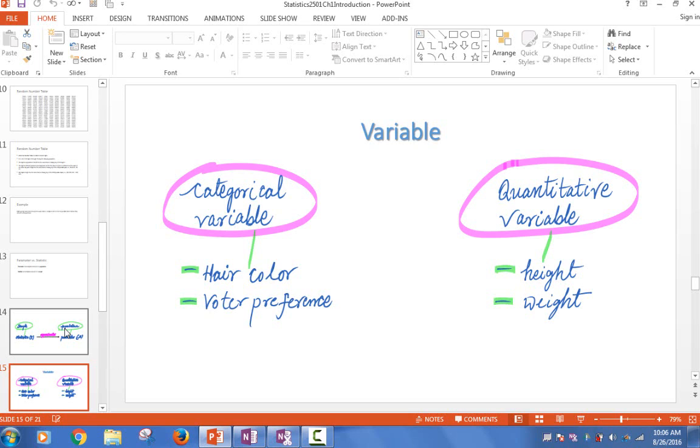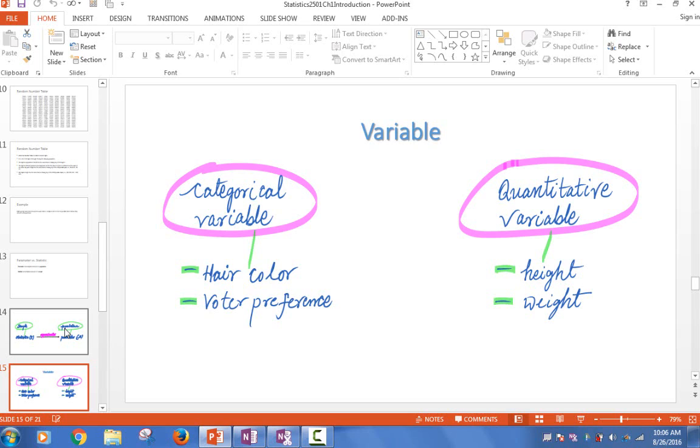Is that making sense? Voter preference that we had, that's also a categorical variable, right? It's not a numerical variable because the voters are basically saying who they like, right? So in the 2016 election, what are the possible values of voter preference?